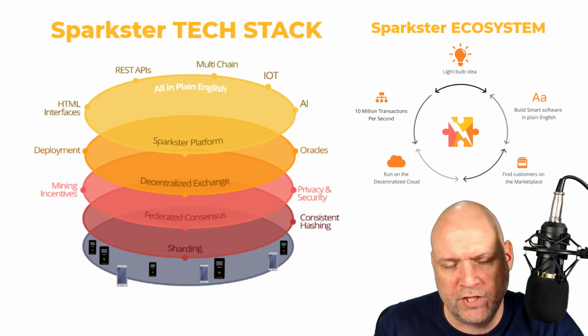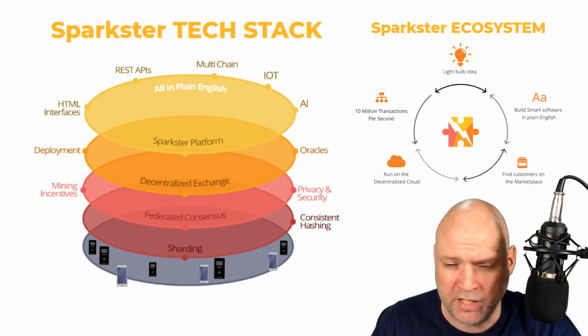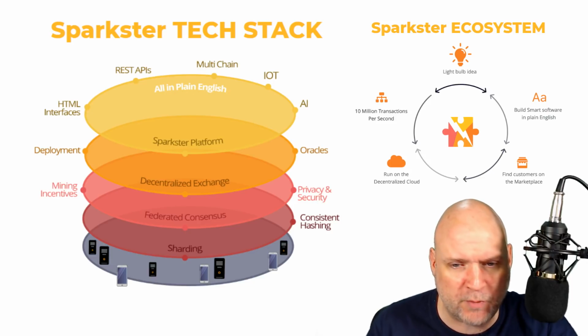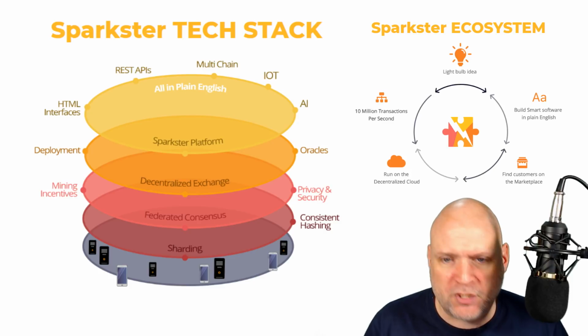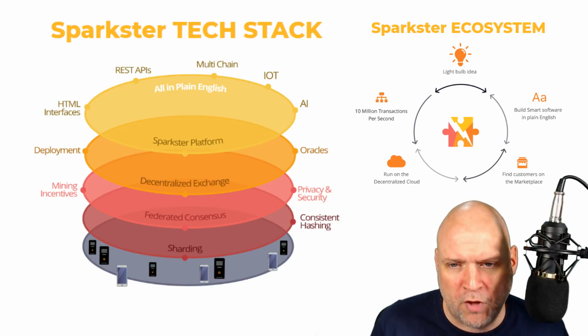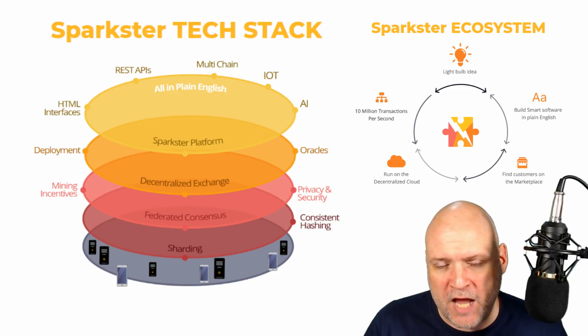Another important consideration for Sparkster is the integration of artificial intelligence and Internet of Things. Of course, I mentioned the video of the children flipping the block to turn the light switch off and on. This is integral to the Sparkster platform's vision, and they've already demonstrated that they can use AI facial recognition to detect a cleaner and open a door lock, and execute an automated payment via IOTA as well.